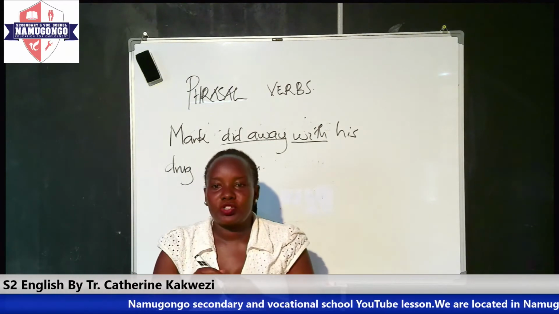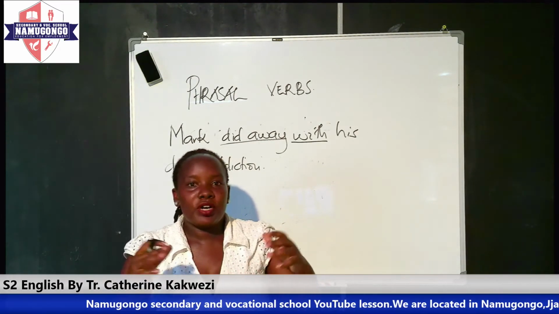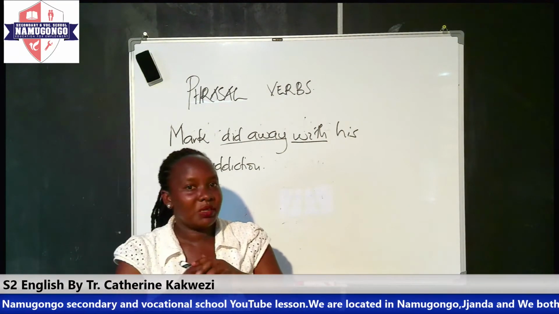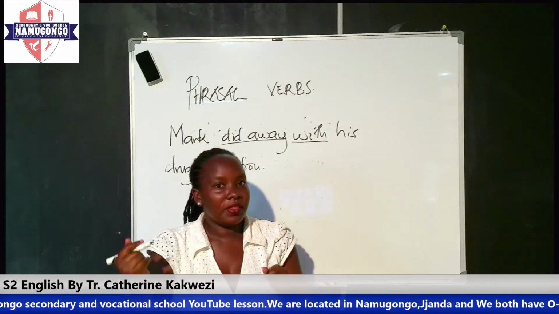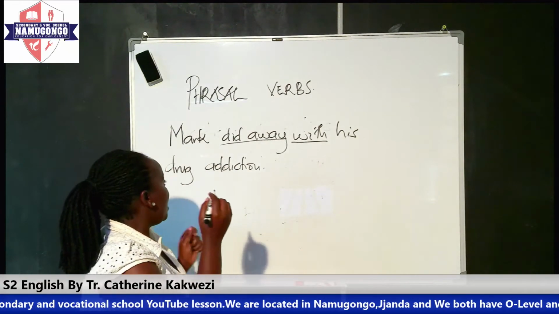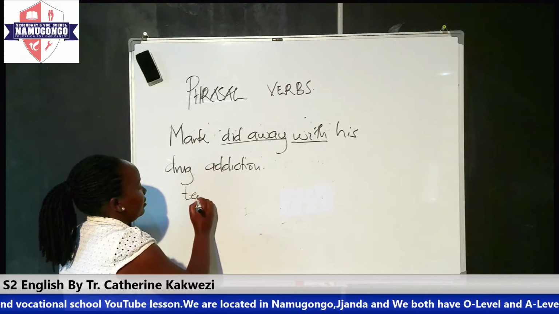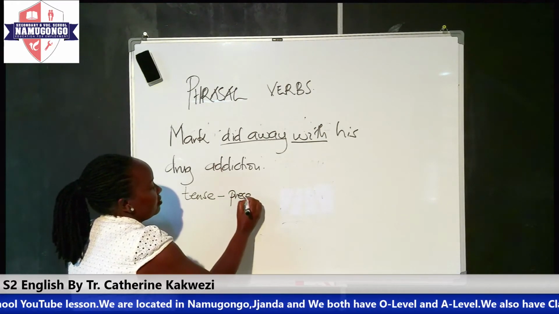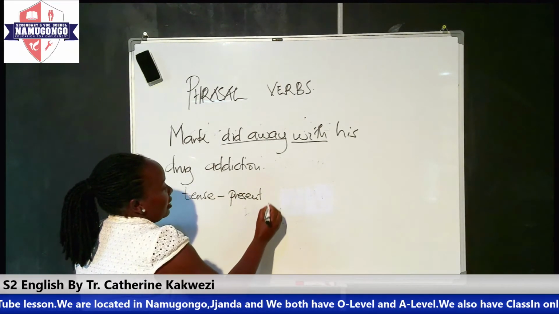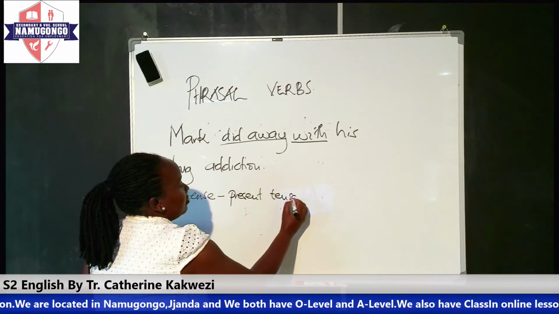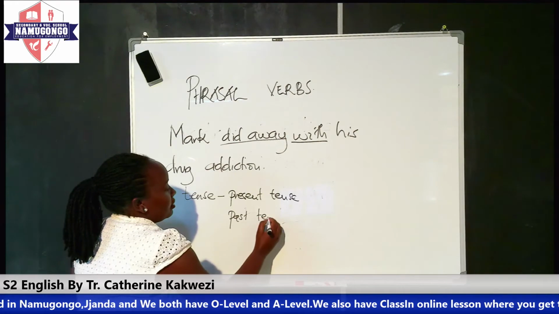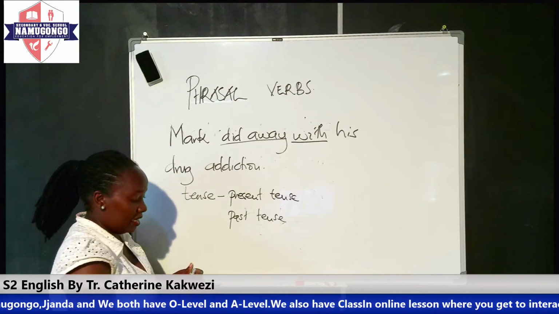Another thing that I want you to note is that phrasal verbs can also change form. What do I mean by changing form? As far as tense is concerned, they can be in the present tense, they can be in the past, and any other tense.